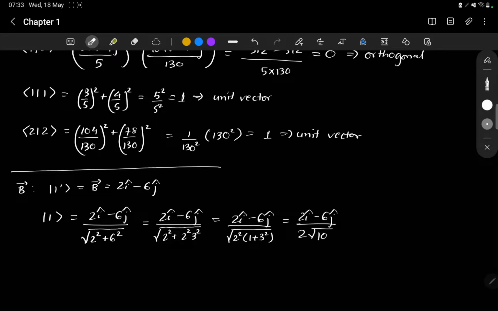So this is our new first vector, which has unit magnitude.